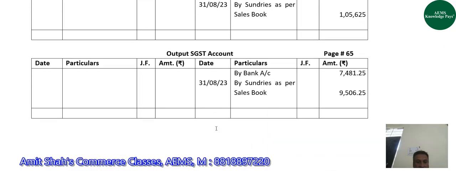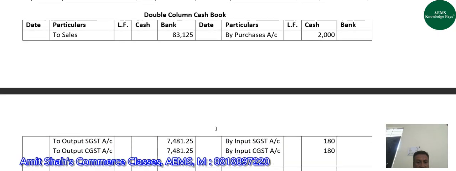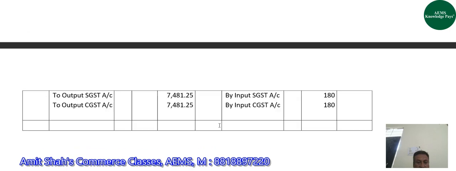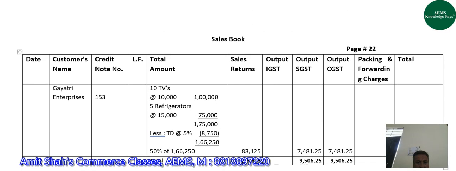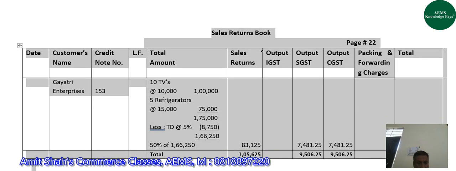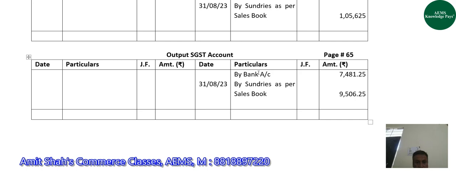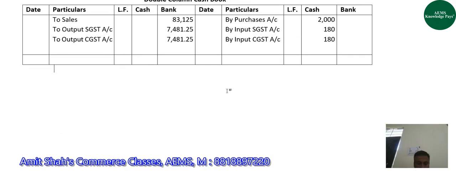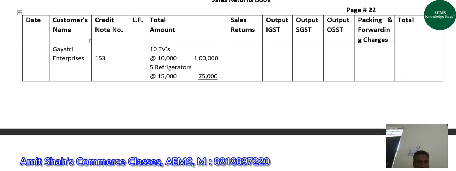So in the sales return book, we will write here our credit note number. I am keeping this column blank. 2 television sets and 1 refrigerator have been returned by Gayatri Enterprises.